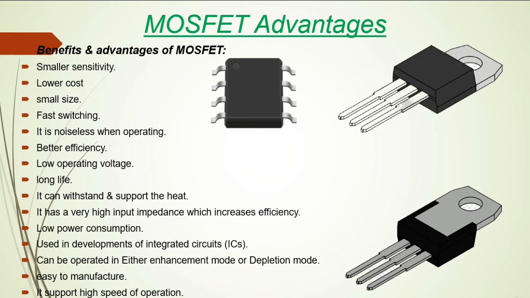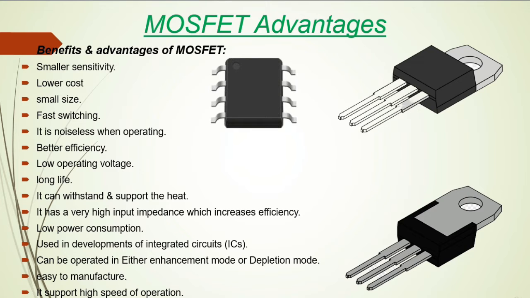If there is no voltage on the gate, the MOSFET will be off. So on, off, on, off. This state change means switching. So the MOSFET has fast switching, and it is noiseless when operating.